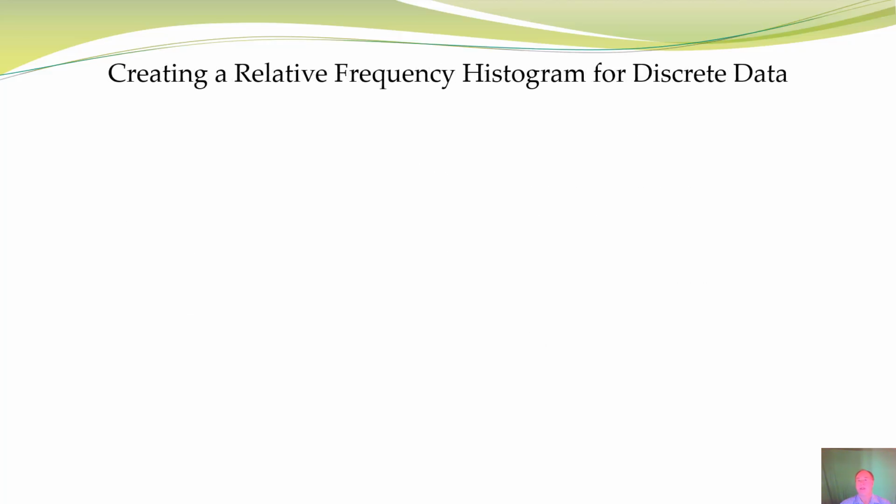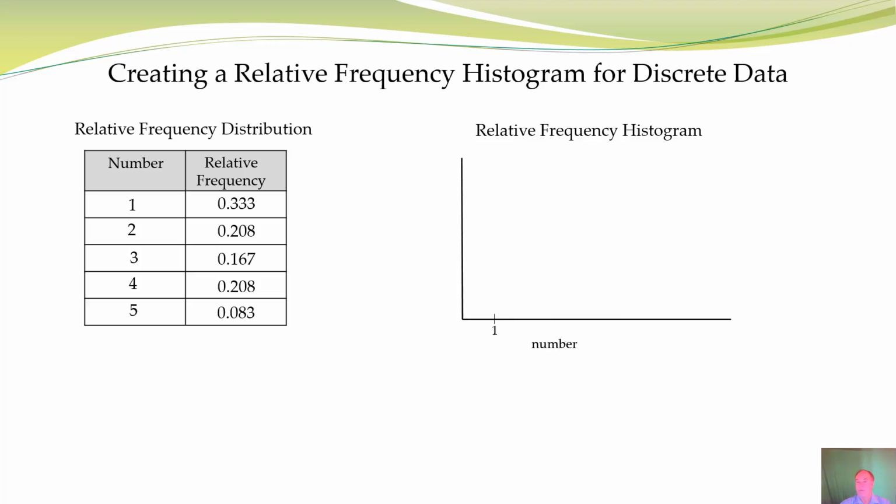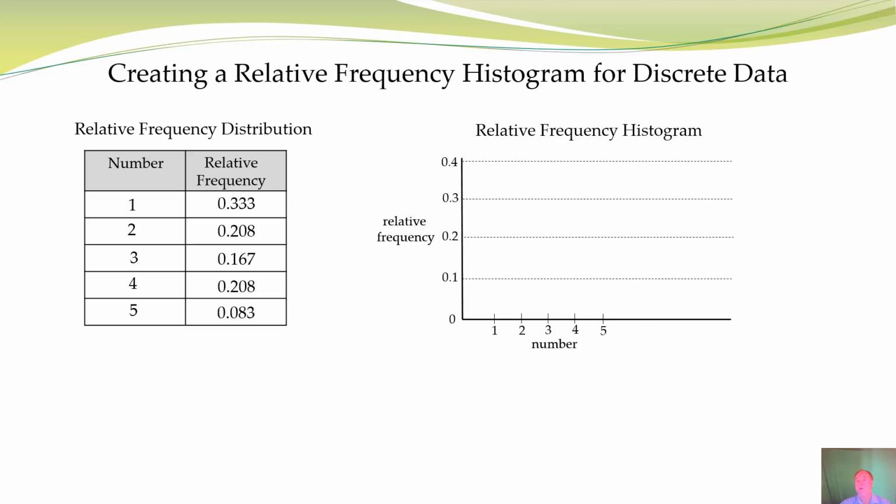Now, relative frequency histograms. Again, same idea. We take the relative frequency distribution, we draw a graph with the categories along the horizontal axis, but this time we put the relative frequency up the vertical axis. So I used 0.1, 0.2, 0.3, 0.4.